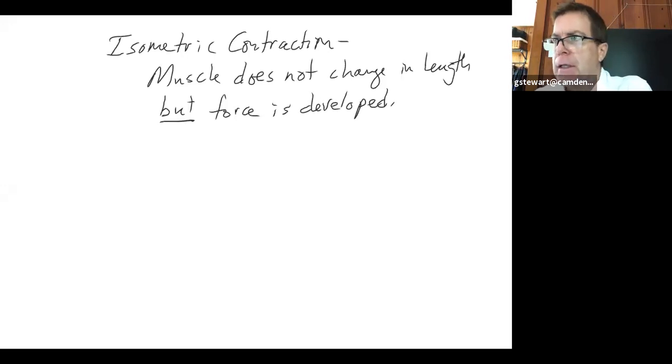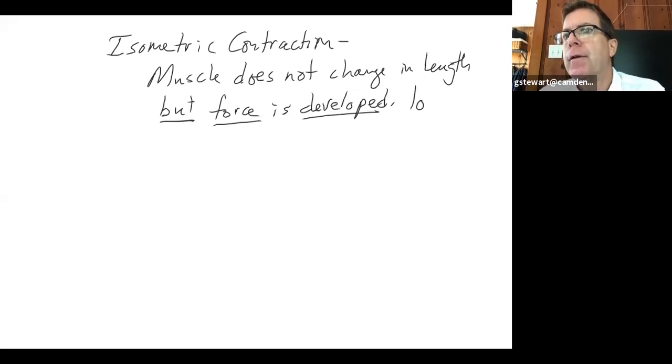We've all experienced this. If you try to lift something that you're unable to lift, if you go out and try to lift your car, for example, off the ground, you can't do that, obviously. But force is still developed in all of the muscles as you're trying to lift. So if you try to move the wall of your house by pushing against it, it's not going to move. And you develop force in your muscles, but you're not moving the load, but force is still developed.